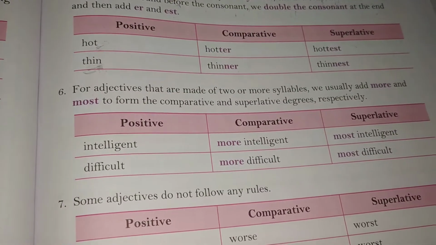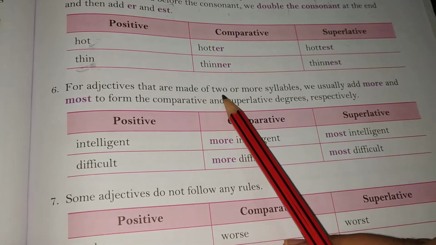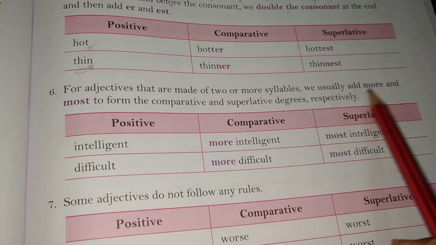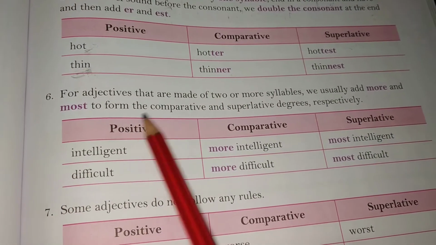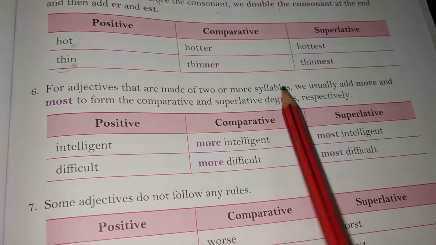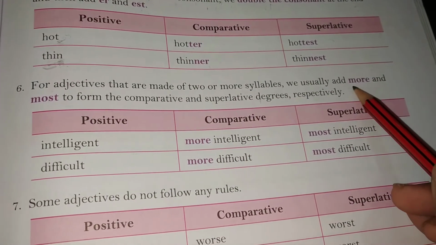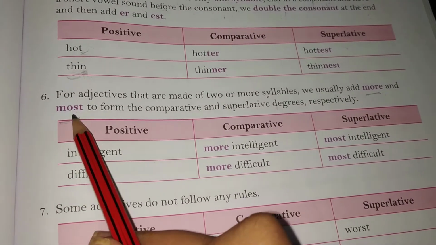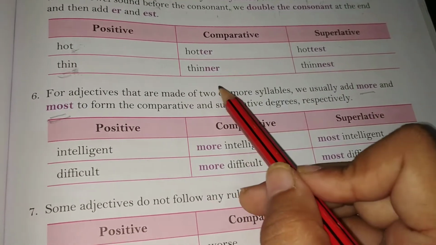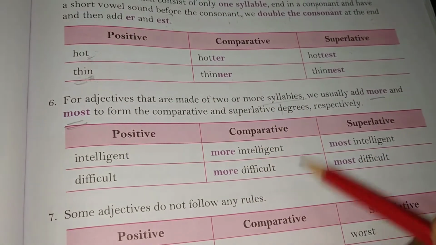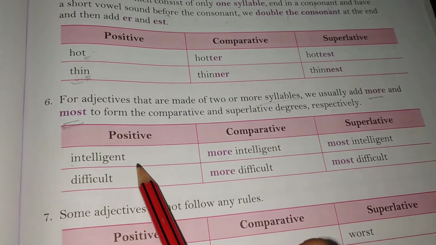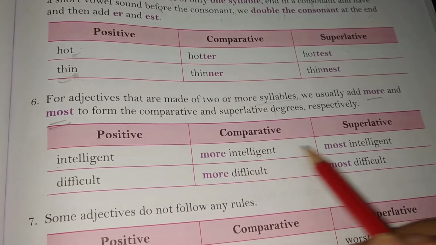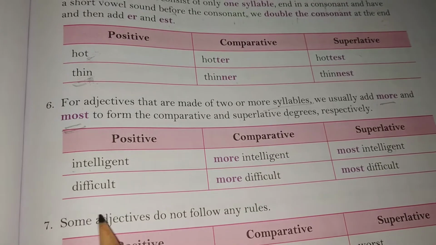Next one is for adjectives that are made of two or more syllables. We usually add more and most to form the comparative and superlative degree. Students, we use more in comparative degree and most in superlative degree when we have words of two or more syllables, like intelligent, more intelligent, most intelligent.